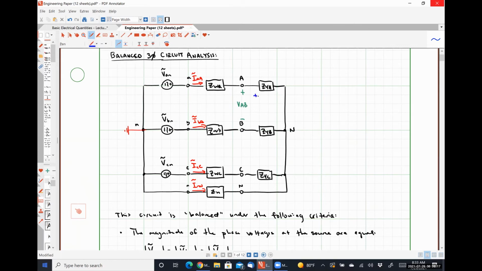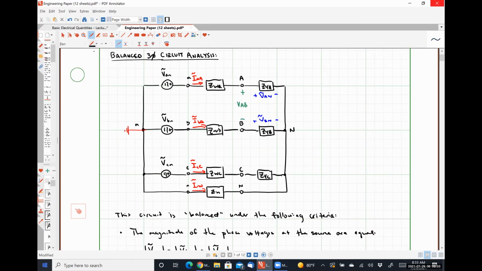I have a phase voltage V_AN, like so, and I have a phase voltage V_BN, like so.